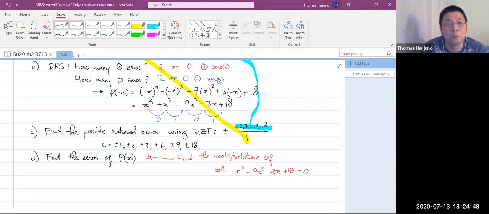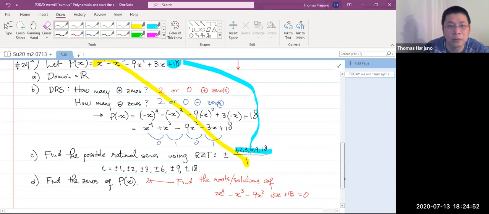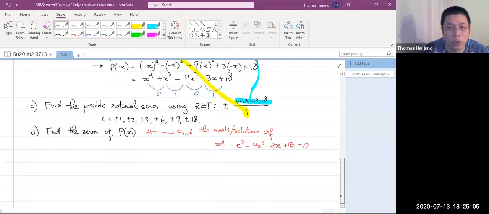Here's the thing. We cannot do factoring; we only have the candidates. What we can do is a guessing game, keeping in mind that the intermediate value theorem can help us. This is my scratch work.